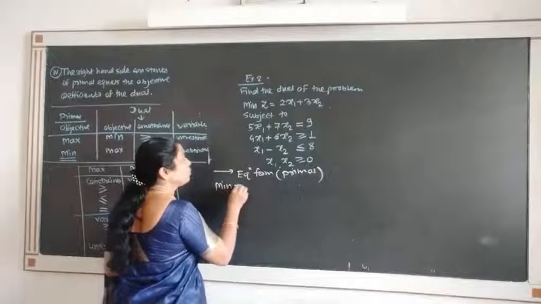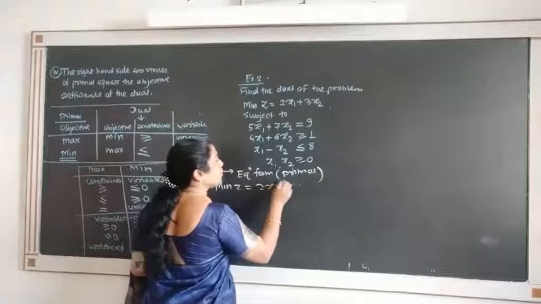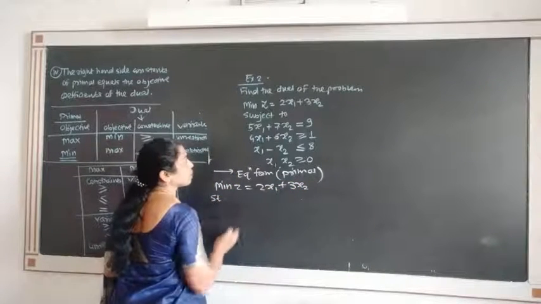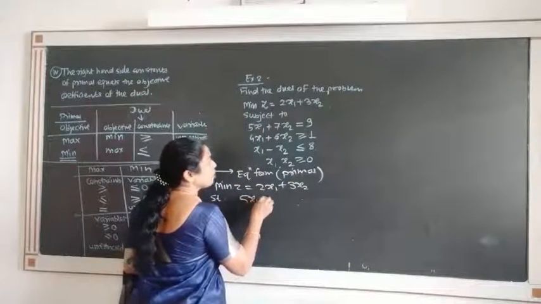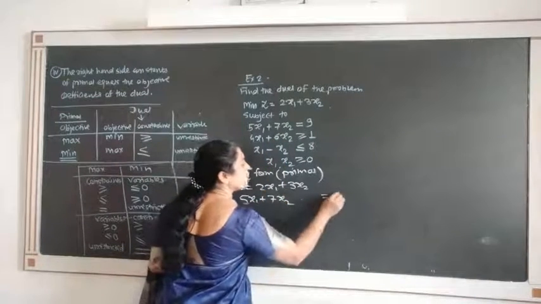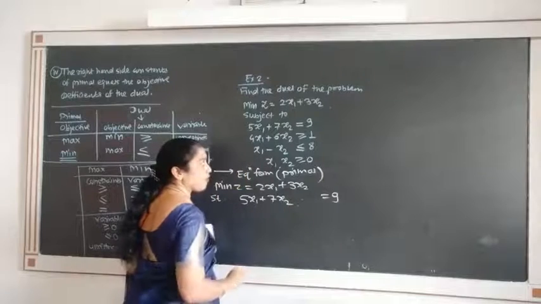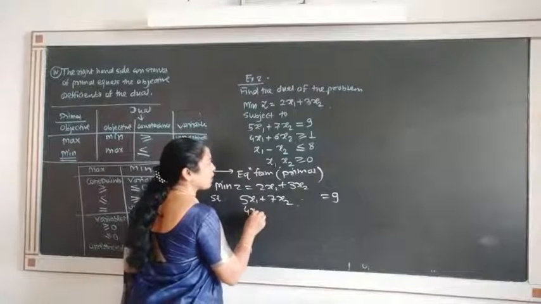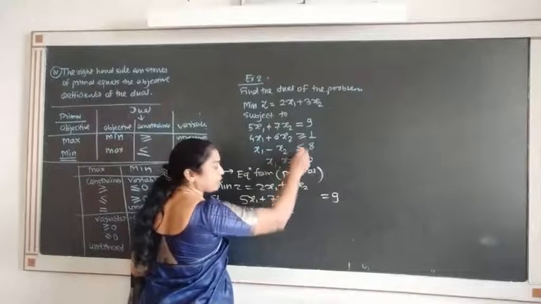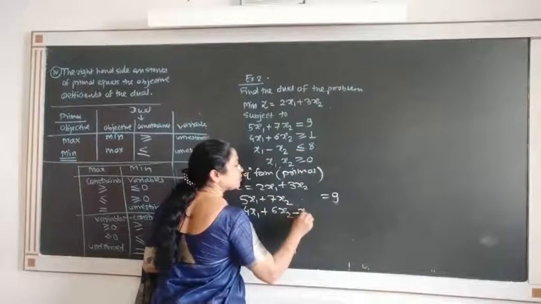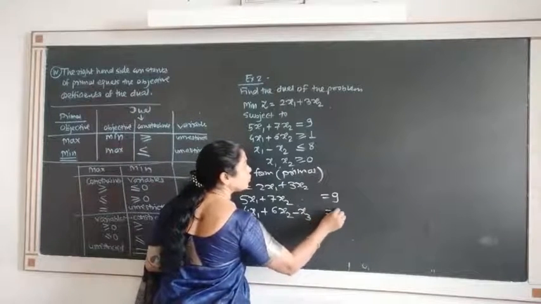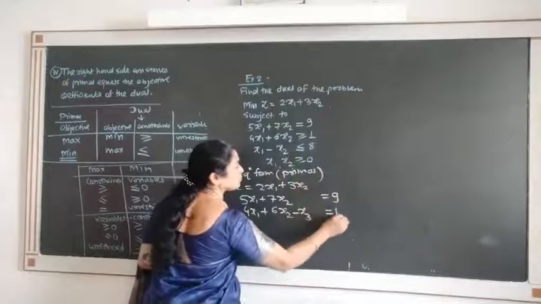Minimize z is equal to 2x1 plus 3x2 subject to constraints, 5x1 plus 7x2 equal to 9, because it is equal to, there is no need to add variables. Then 4x1 plus 6x2, because it is greater than or equal to, subtract surplus variable x3 equal to 1.